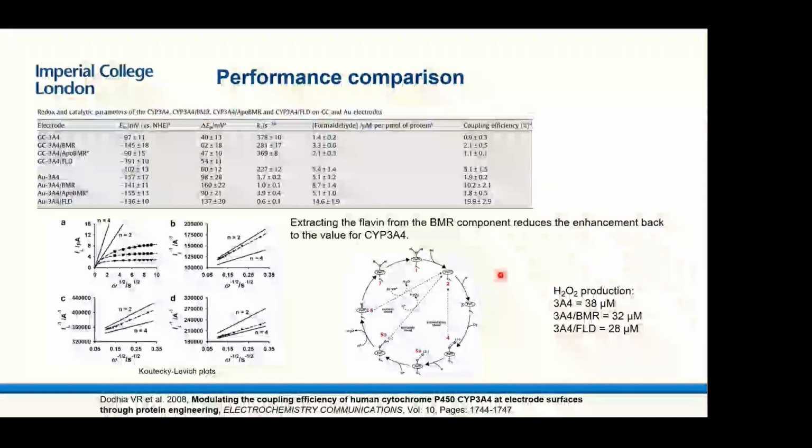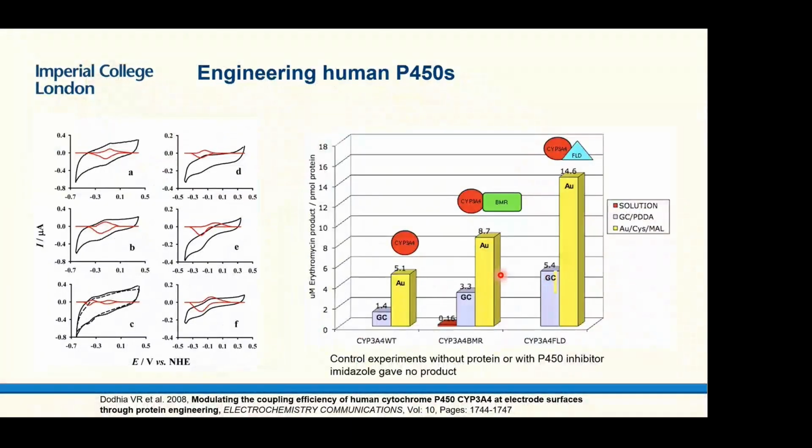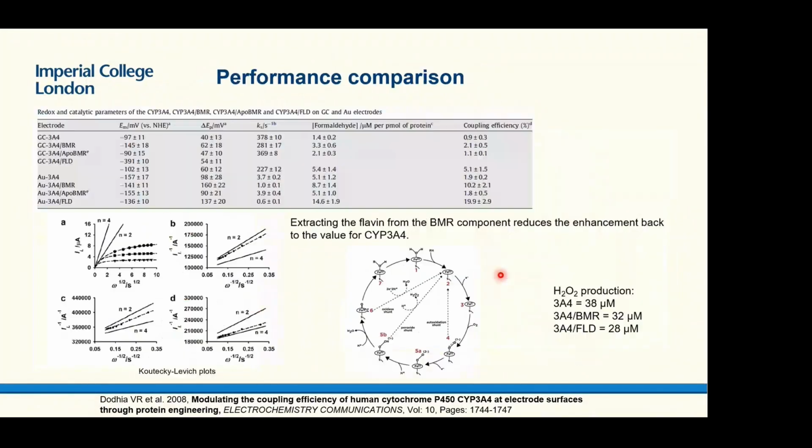So the reason why you get an improved catalytic performance is because the electrons are delivered in a correct way in terms of the timing, so that it leads to less waste of electrons into generating non-specific products, in this particular case reactive oxygen species, but instead the electrons are driven and used productively for the formation of the product.